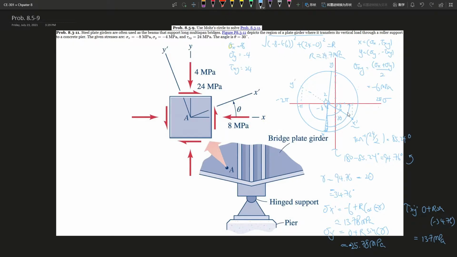This is going here, and that's the length of the shear xy, the new one. So this is 13.7.